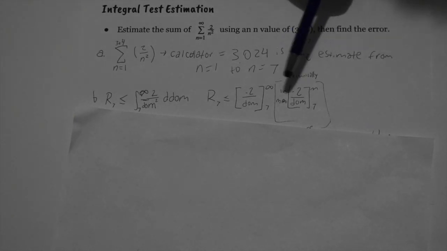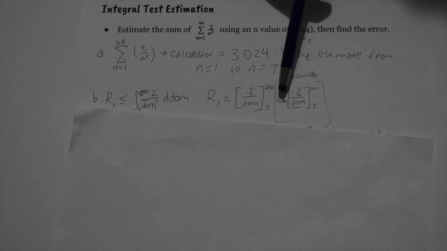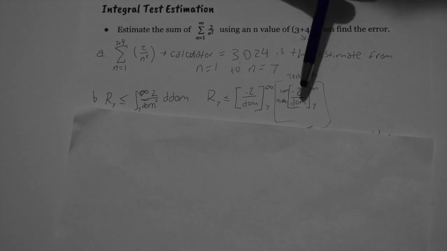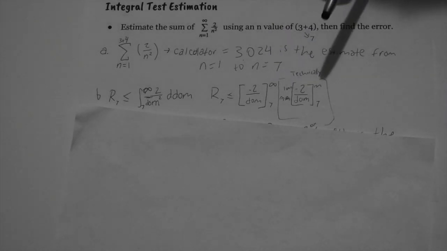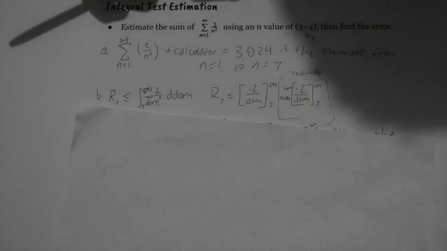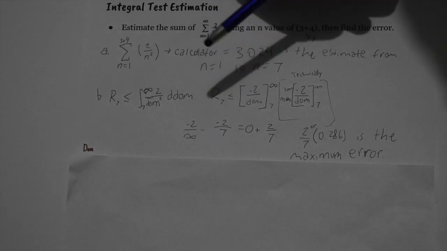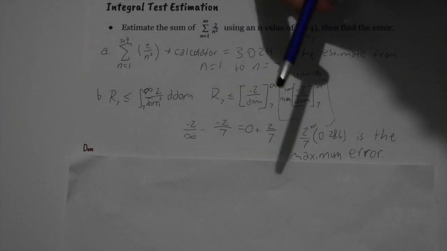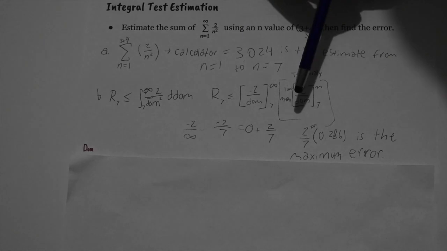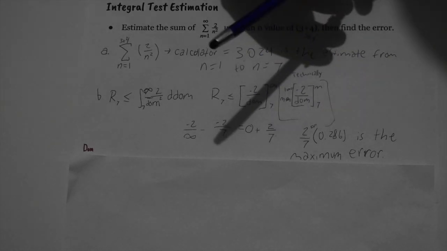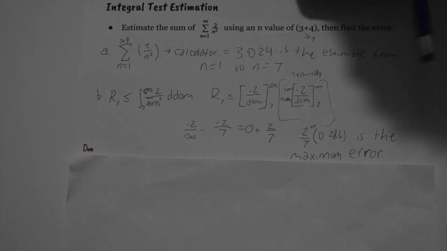He's saying, technically it's the limit as m approaches infinity of negative 2 over x from 7 to m. Well, yeah, you've got to do that for the points on the test, but it's annoying. So you get negative 2 over infinity minus a negative 2 over 7. That's just 2 sevenths. So 2 sevenths, which is about 0.286, is the max error.